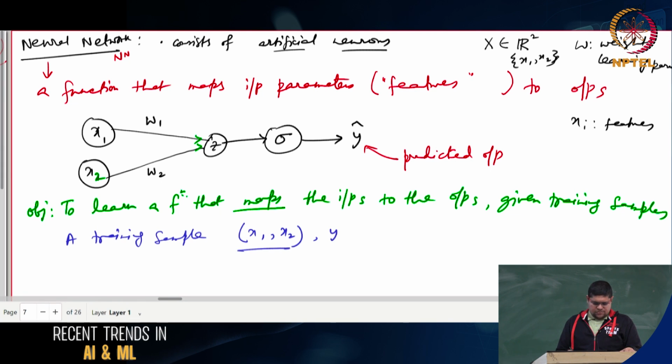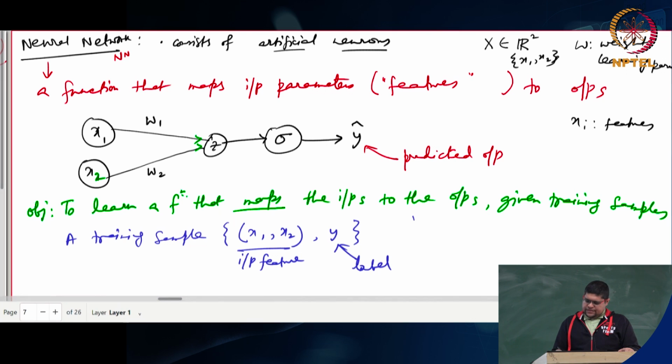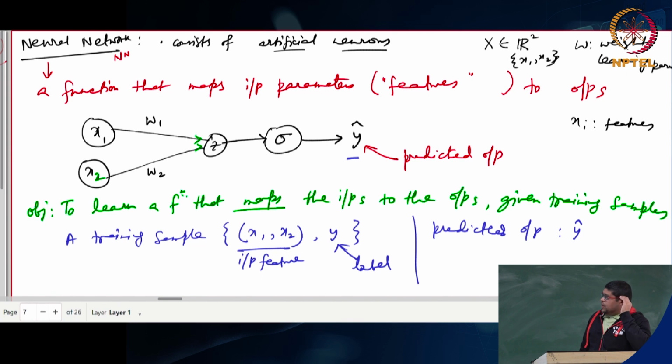So this will be your input feature, and this will be your label. Clear? And the predicted output is your y hat. Okay. So that means how we will calculate the loss or cost? It will be some function of this y and y hat. Clear?